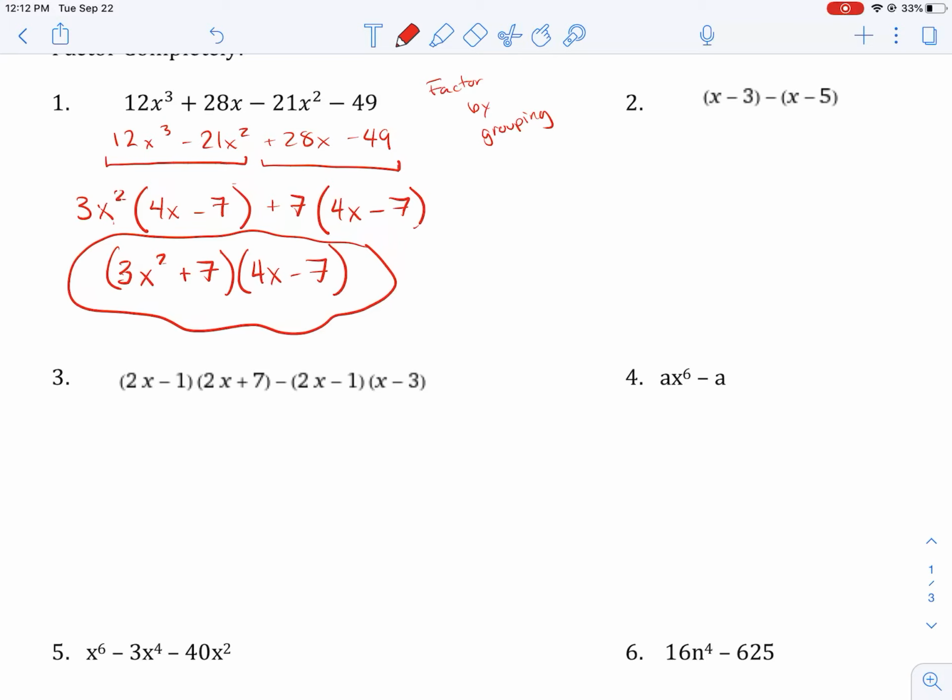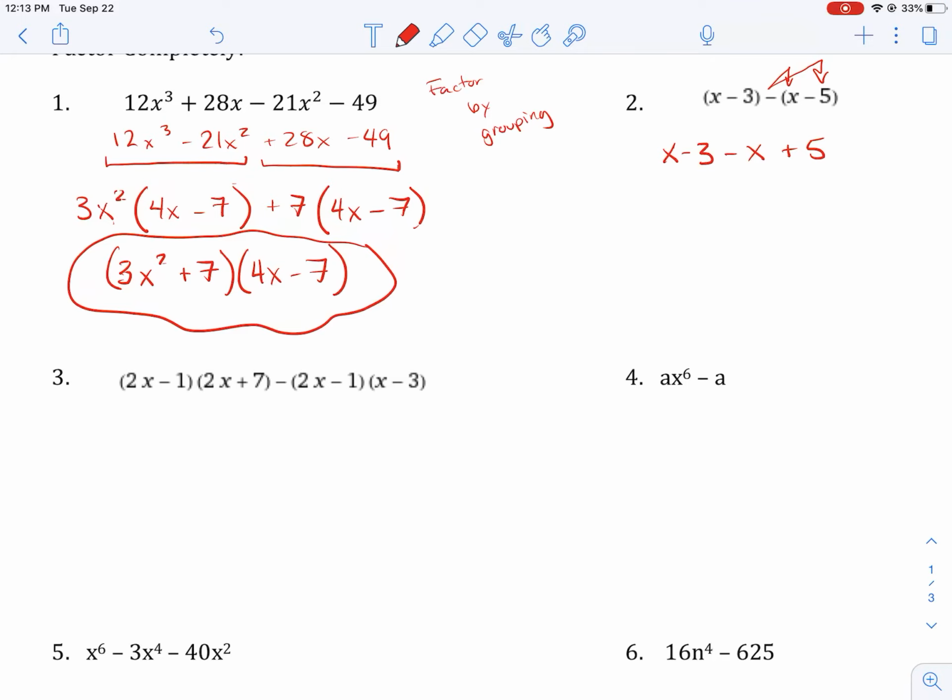Okay, let's look at number 2. Number 2, okay, not really a whole lot going on here. So really, all we have to do is try to simplify this guy. So, I'm going to distribute that negative sign. So I'm going to go x minus 3 minus x plus 5.